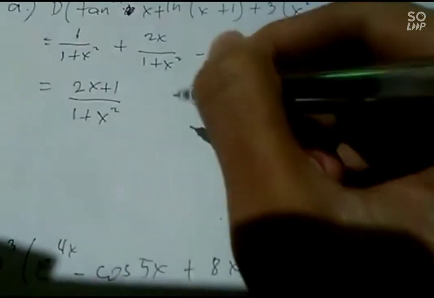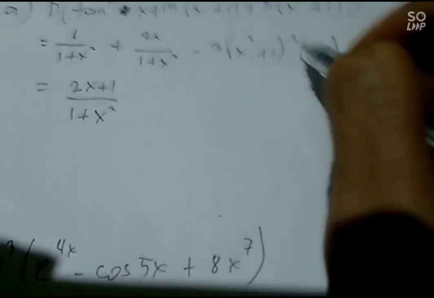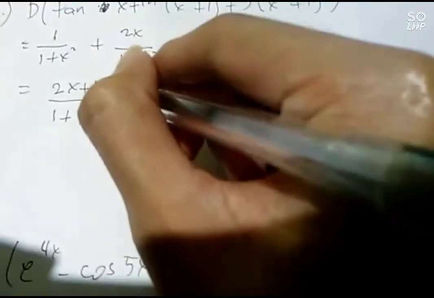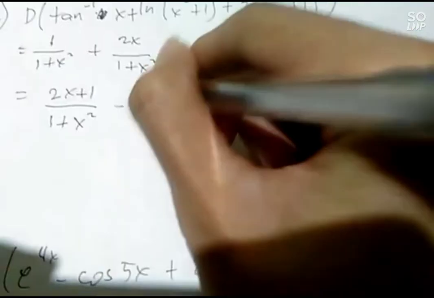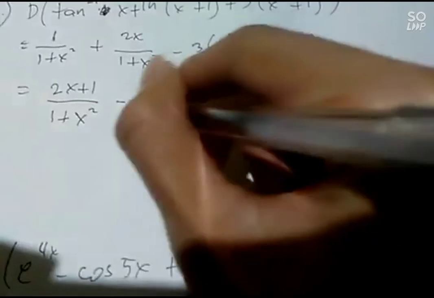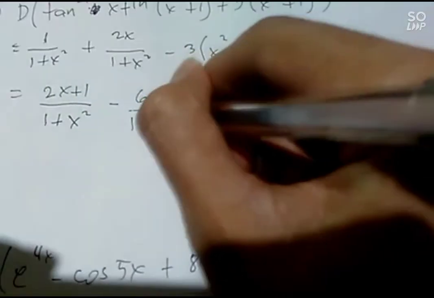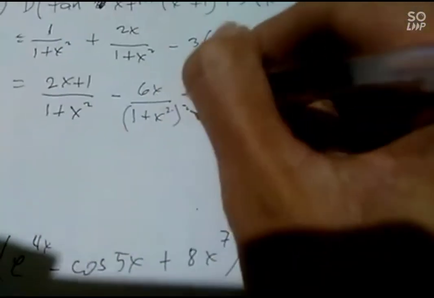So let's combine these terms. The first two terms equal (2x plus 1) over (1 plus x squared). Then the second term is negative 6x over (1 plus x squared) raised to 2.